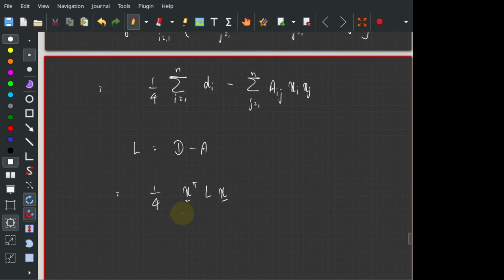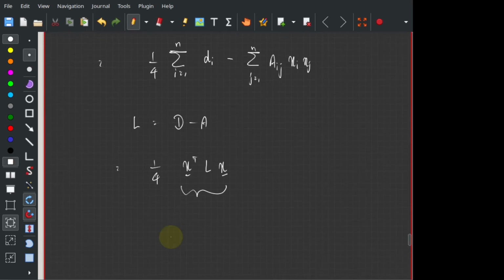So let's look at this particular quantity. What is the ijth entry of this, or what is this equal to? Can you give an expression in terms of Lij, xi and xj?